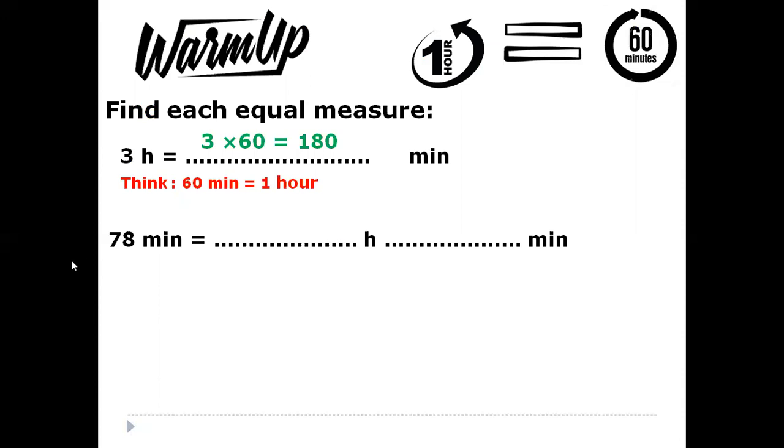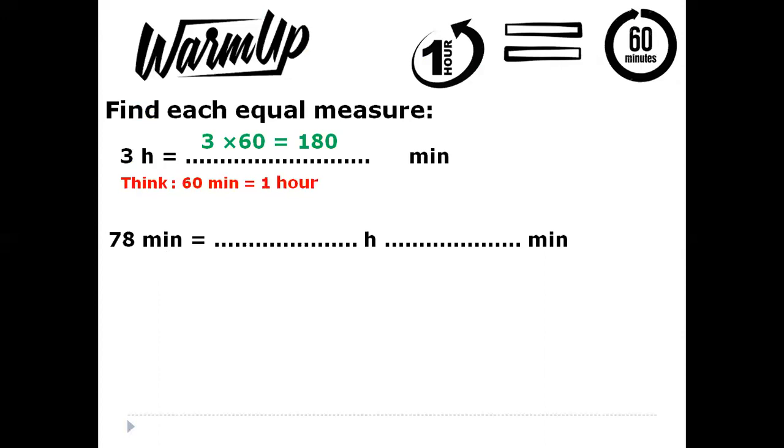In the 78 minutes, we need to find how many hours are there and how many minutes will be left. As you see, we're changing from minutes to the largest unit first, which is hours. So we divide 78 by 60. Let's try to do this mentally. How many 60s are in the 78?